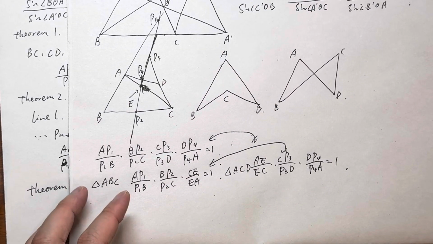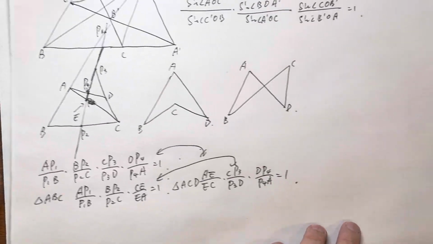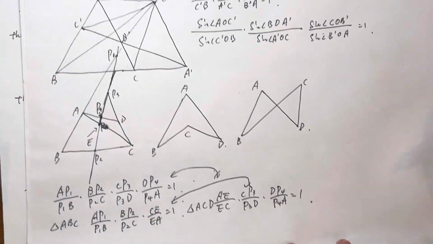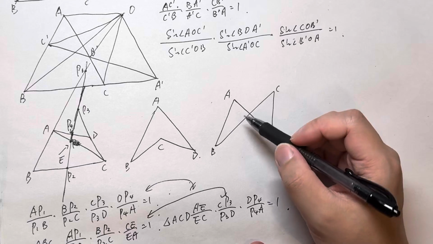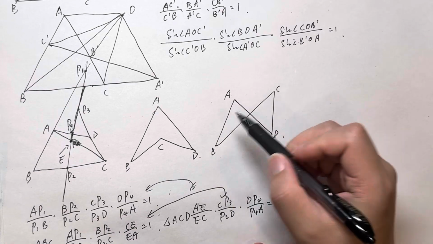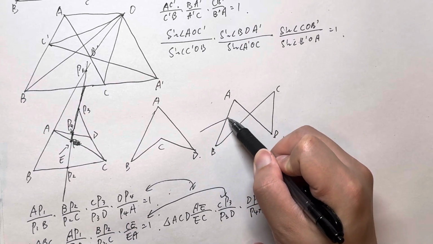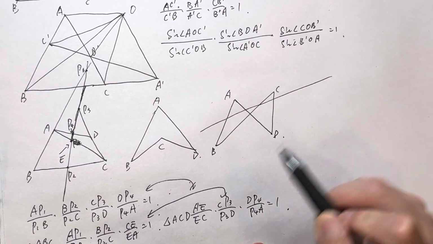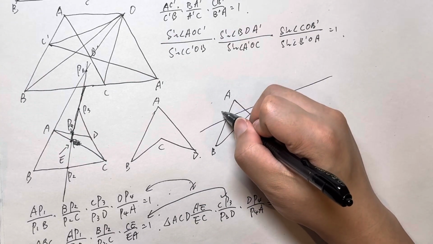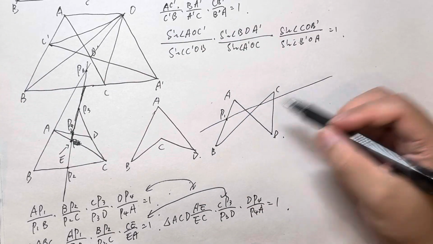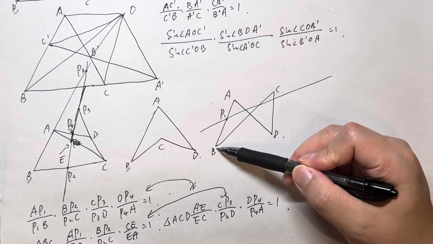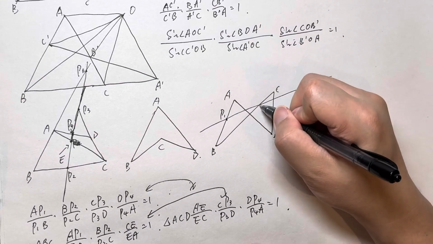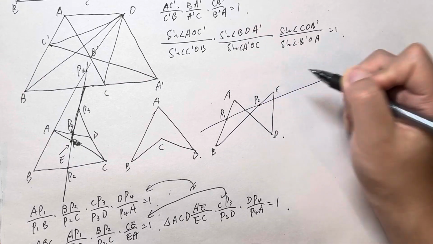Okay, let's consider another case here, but it's actually the same. I just want to show, right, we have P1 here, and for BC, this point is P2.